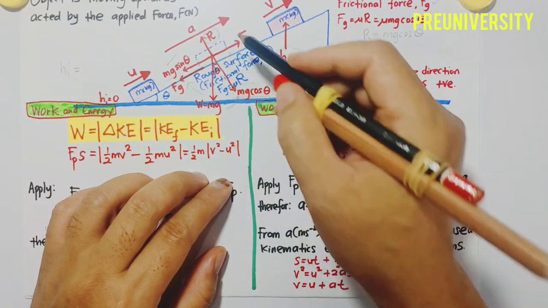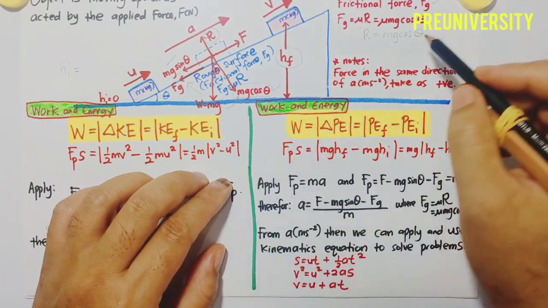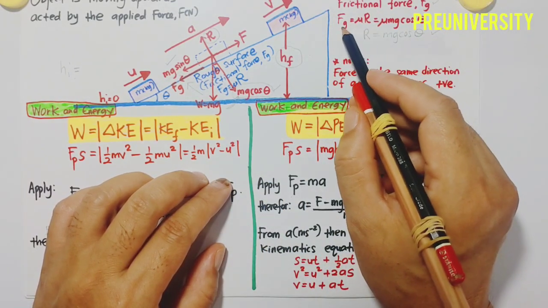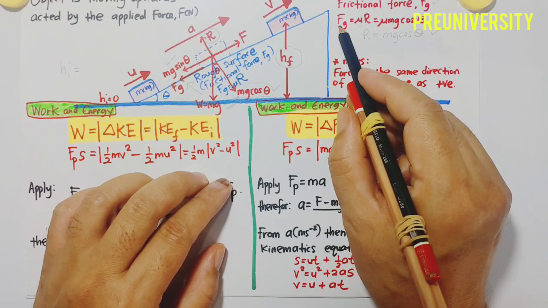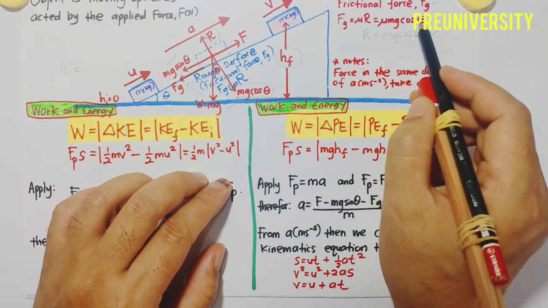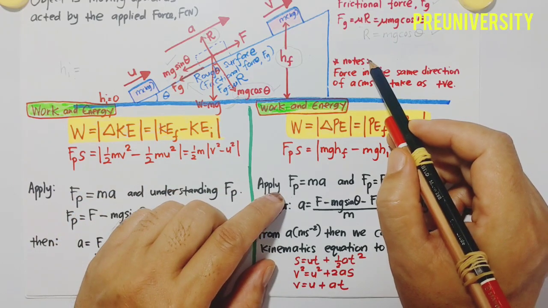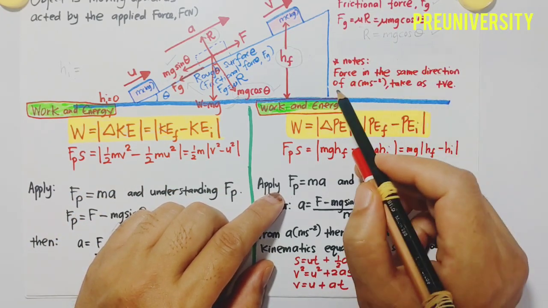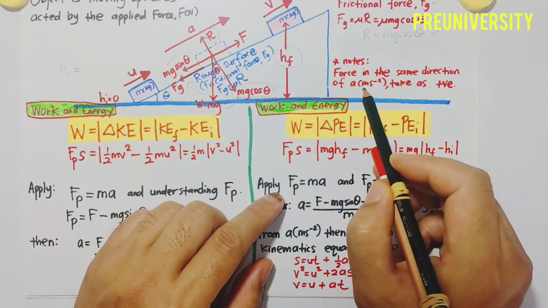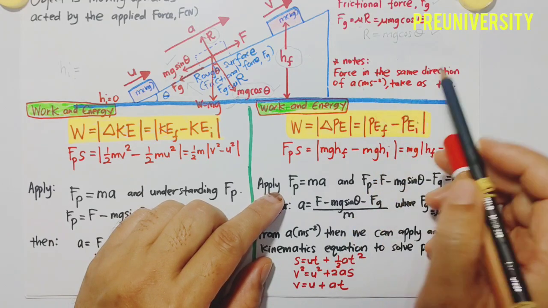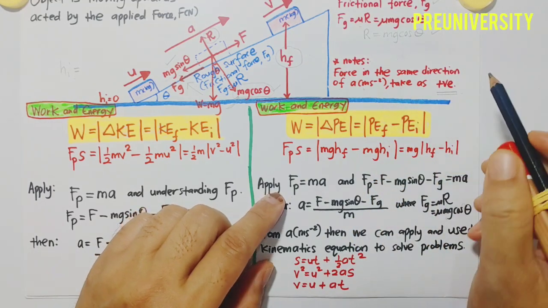That's why we can write the frictional force as mu mg cos theta. And take note, as usual, a force in the same direction as the acceleration we take as positive.